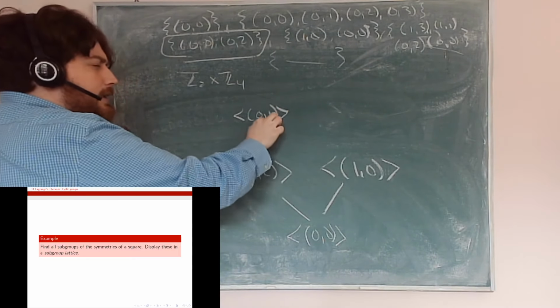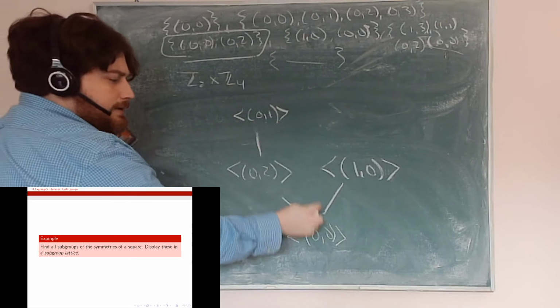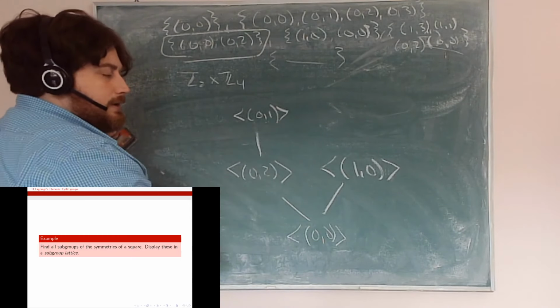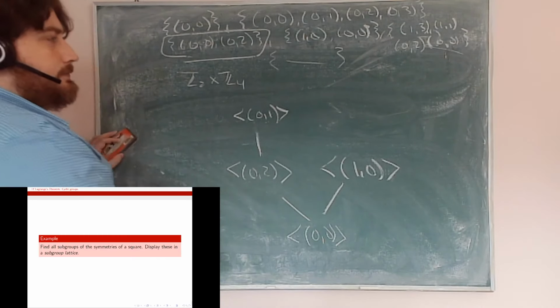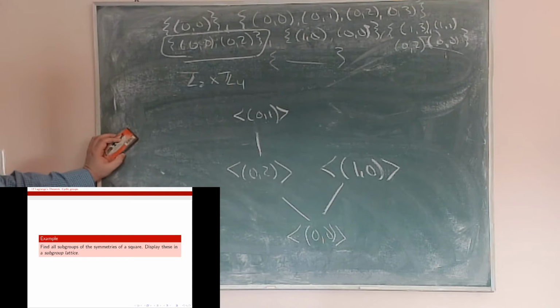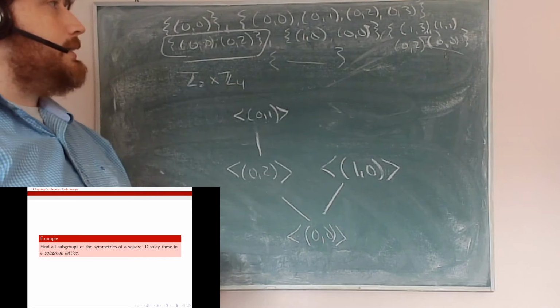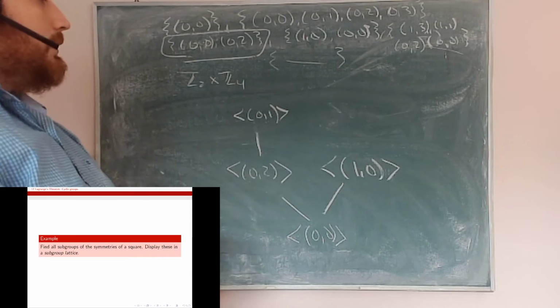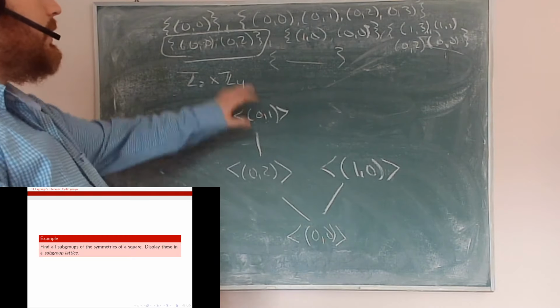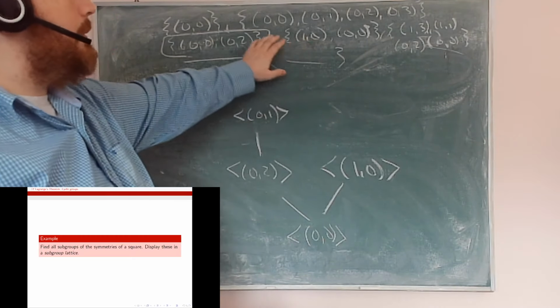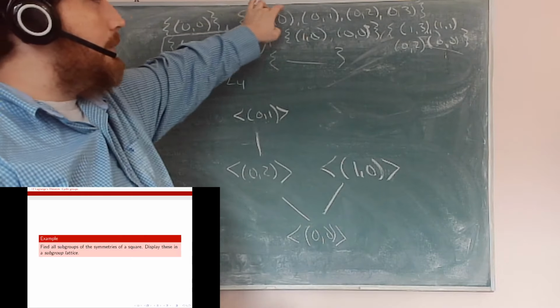So this is saying that this is contained in this, but this is also contained in this. I'm fashioning it so that if each one contains another one, I'm drawing a line down for the one that contains it. Now, if I build myself up, these were the 2 element ones. Here's one 4 element one.